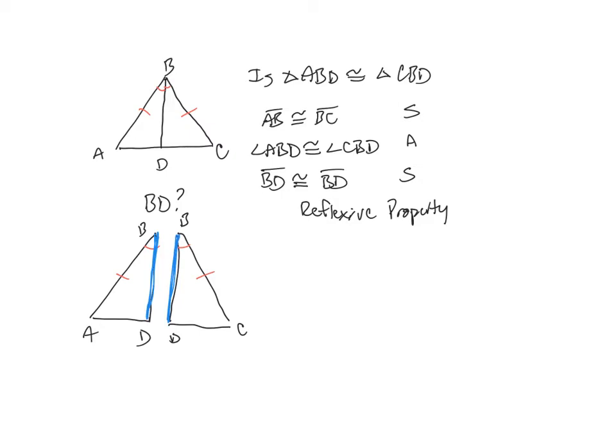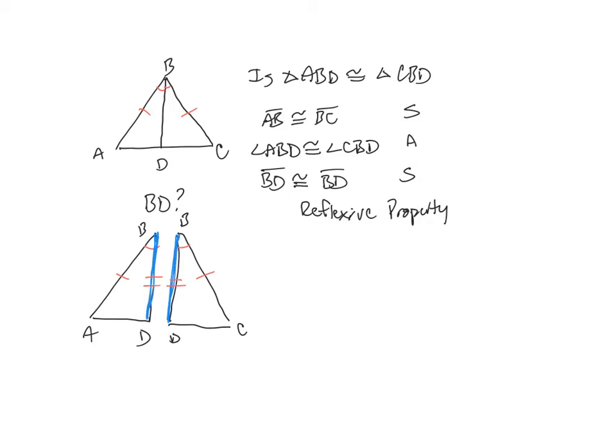You are allowed to make conclusions by looking at the picture. So in this picture, there's only a side on either one and an angle on either one, but I can conclude that BD is the same line, so it has to be congruent, and then what you end up with is a side angle side situation.